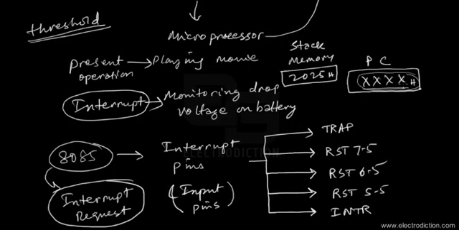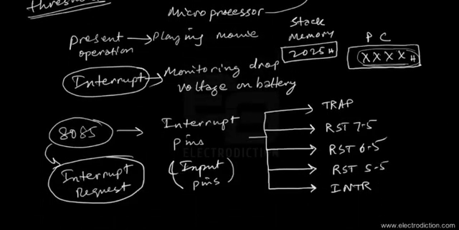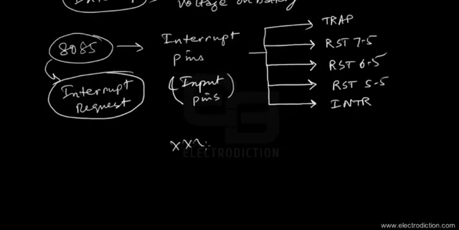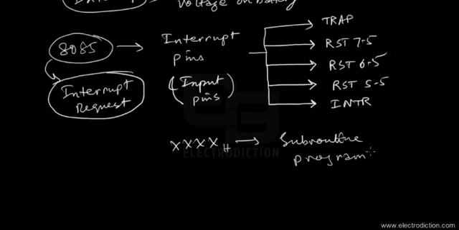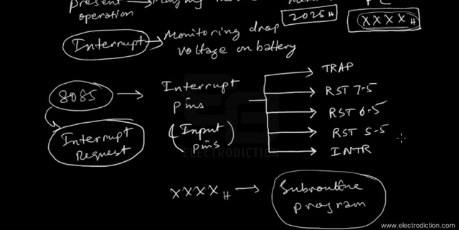In this memory location, XXXXH, maybe there is a subroutine program that helps the 8085 perform the necessary functions to handle the emergency situation for which it received this interrupt request.